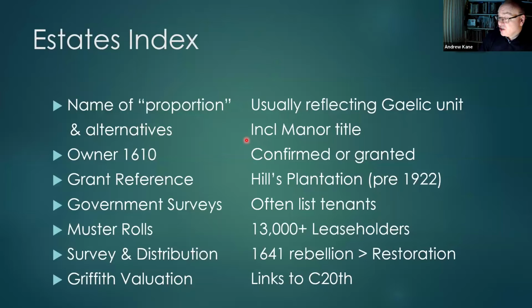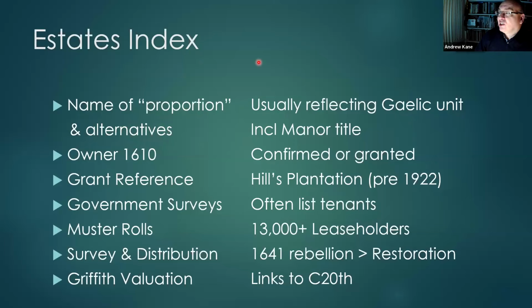There's just so much information which covers the whole estate, which I couldn't put for each townland. I had to hive that off into a more manageable list. And I think there are 492 estates listed. I've ignored the really small ones, but there's an awful lot of them in there.